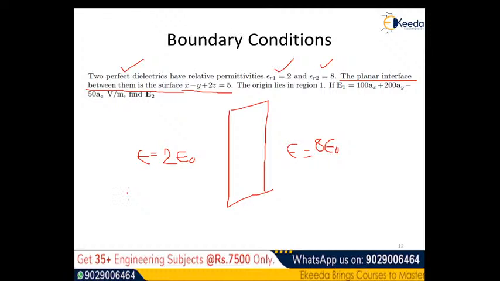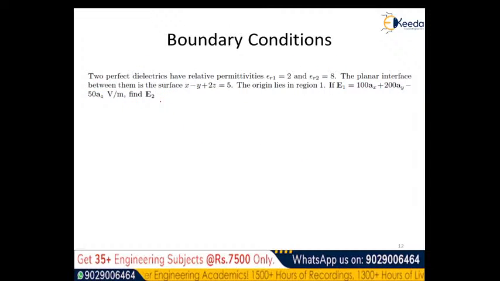Somewhere here it should be the origin O, and if E1 vector is given to us, we have to find E2 vector. The electric field intensity in region 1 is given to us. We have to determine the electric field intensity in region 2 here.